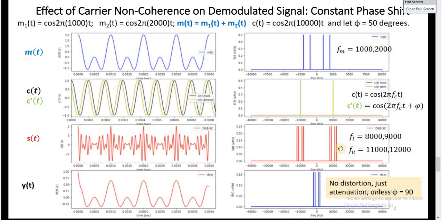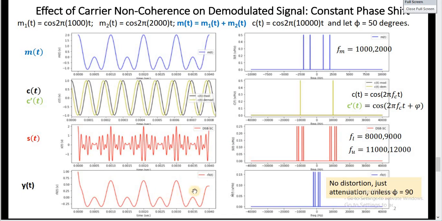So we have an upper sideband with 11,000 hertz and 12,000 hertz, and the lower sideband with frequencies of 8,000 and 9,000 hertz. So this is our upper sideband, this is our lower sideband, and there is no carrier at 10 kilohertz. So this is the spectrum of the modulated signal.